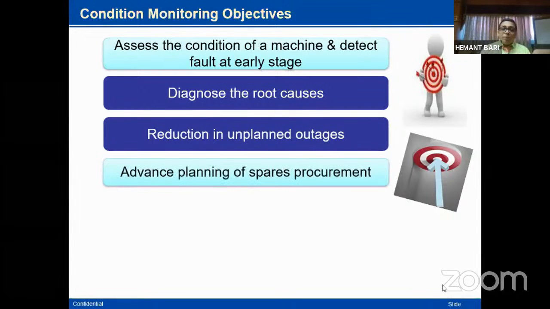Advanced planning of spares and procurement. This is a very important aspect of condition monitoring objective. The critical parts are manufactured by the OEM, that is the original equipment manufacturer. They do not keep all the parts ready. Whenever you give them an order, they start the manufacturing, and that manufacturing time may be 4 to 6 months.